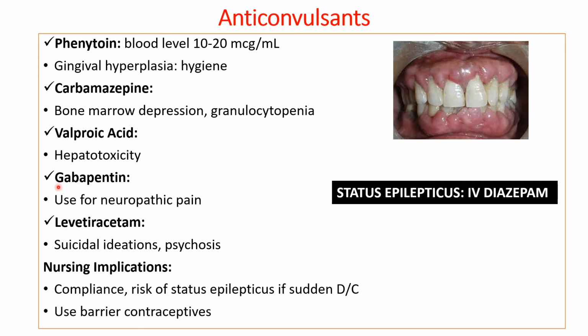Gabapentin and pregabalin are two anti-seizure medications that are used more frequently for pain, chronic pain, and neuropathic pain than for the seizure itself. Hundreds of people are taking gabapentin, which is the Neurontin, the brand name, and pregabalin, which is Lyrica, because they suffer of chronic pain.